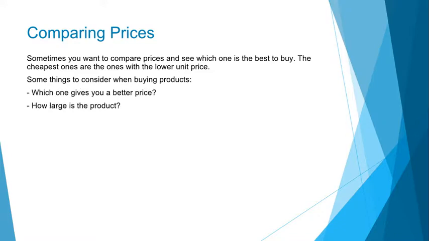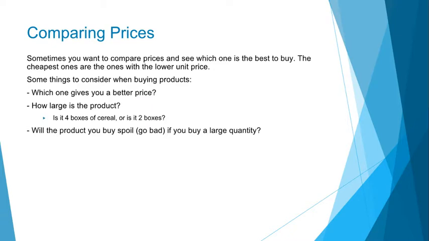How large is the product? For example, is it 4 boxes of cereal or is it 2 boxes? Will the product you buy spoil if you buy a large quantity? If you ever shop at Costco or Sam's Club, which sell in bulk, you might buy stuff from there that could eventually spoil. So do you plan on using everything in a reasonable time frame?